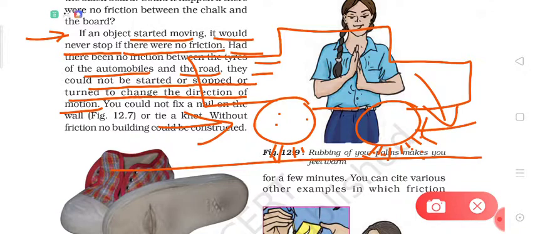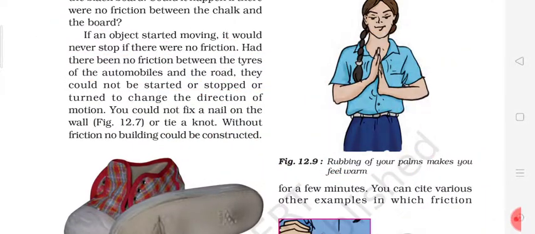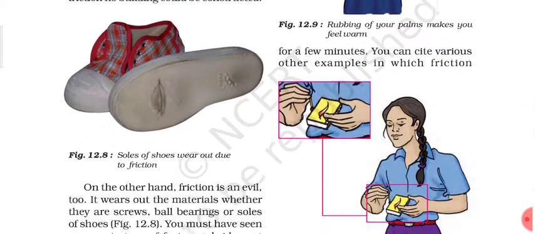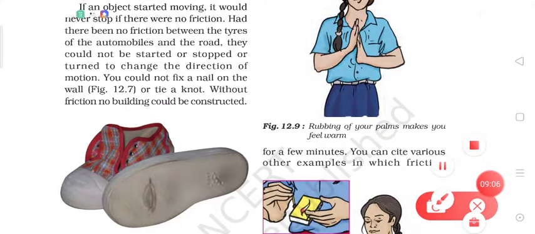So in order to increase the friction between the road and the tires, we make treaded tires, meaning tires which have irregularities, and also you know that the road is never smooth, it has irregularities. We make the road irregular because we want to increase the friction between the tire and the road, right? So a number of advantages of friction we have seen.